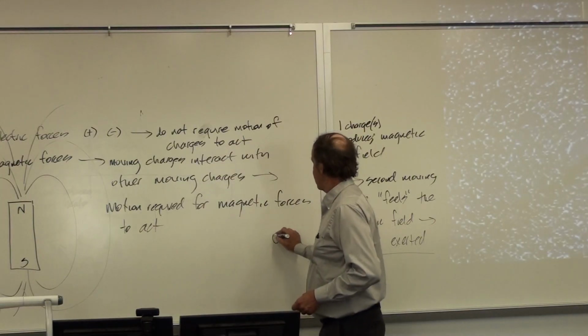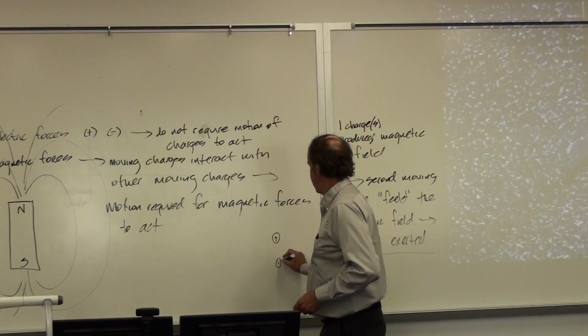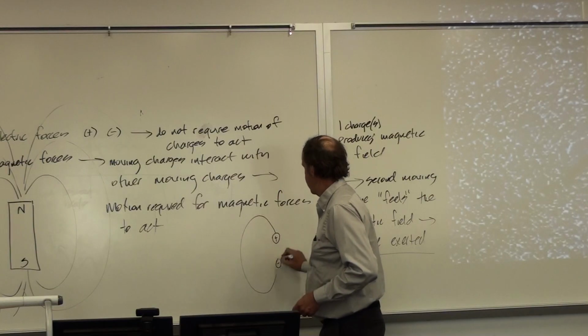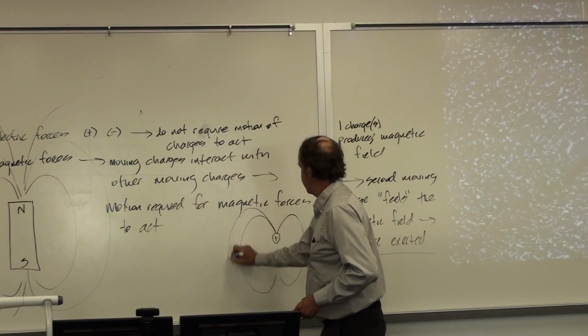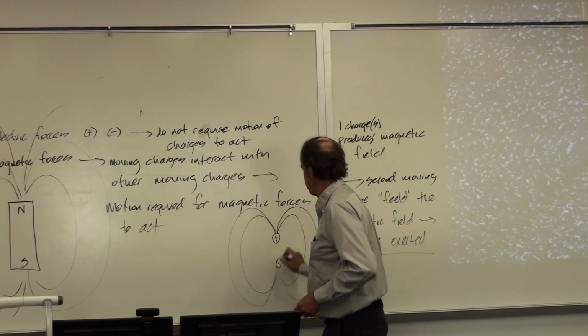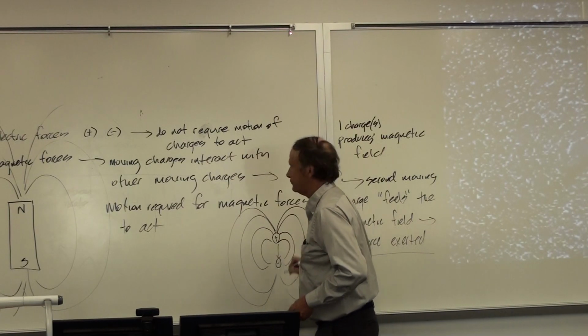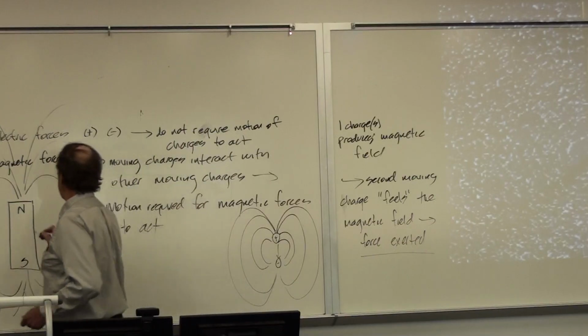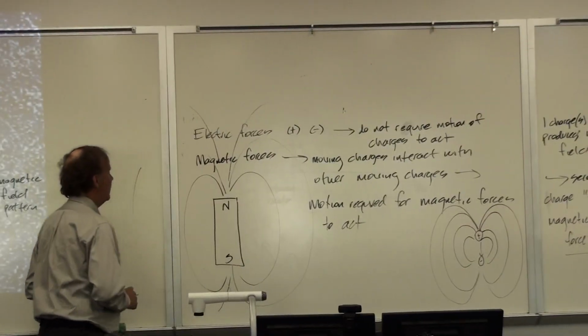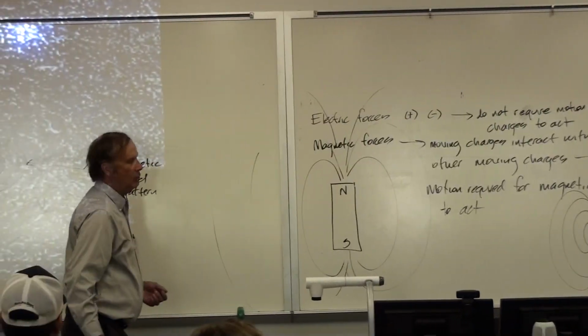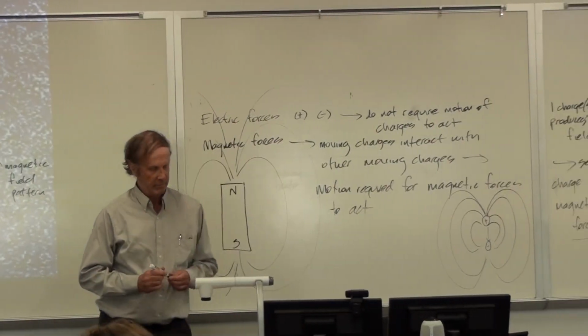We might notice that it reminds us a little bit of the electric field pattern for a dipole. It's very similar. But here, we have to wonder, where's the motion coming from?